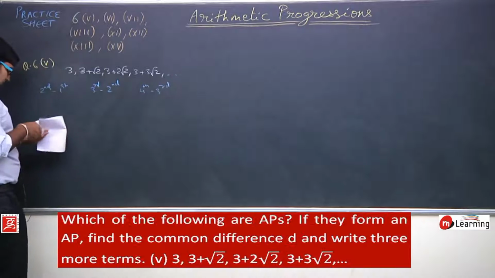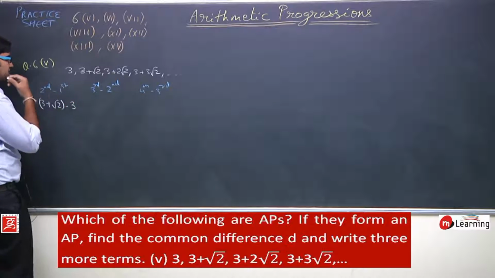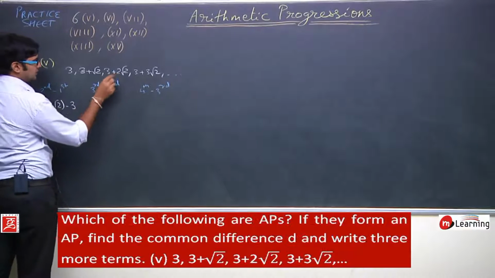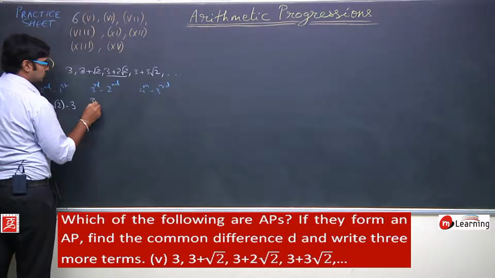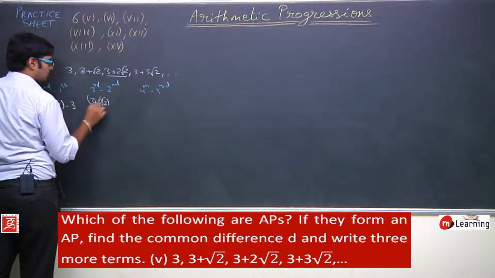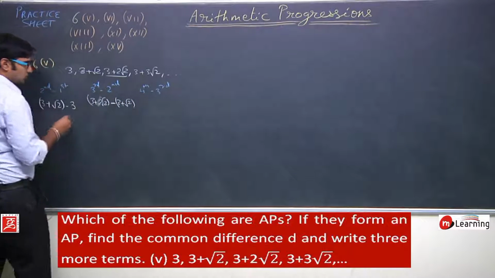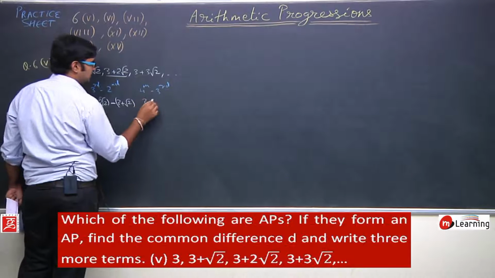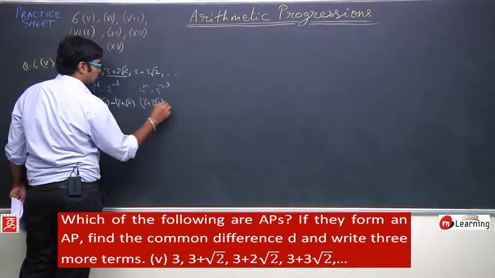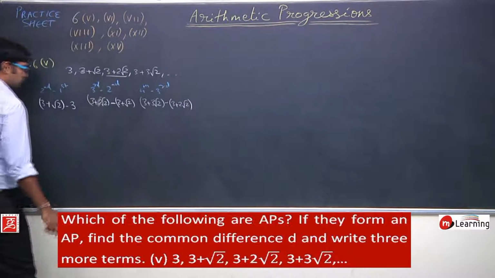Second term is 3 plus root 2 minus 3, then third term is 3 plus 2 root 2 minus (3 plus root 2), then fourth term is 3 plus 3 root 2 minus (3 plus 2 root 2).